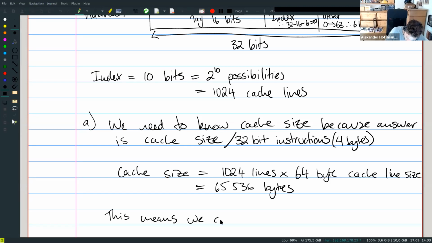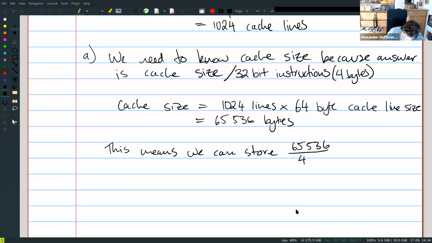And so this means we can store 65,536 divided by 4, because each 32-bit instruction is 4 bytes.